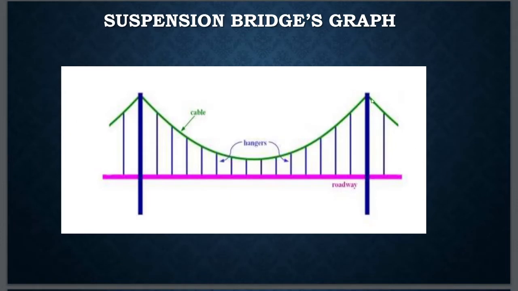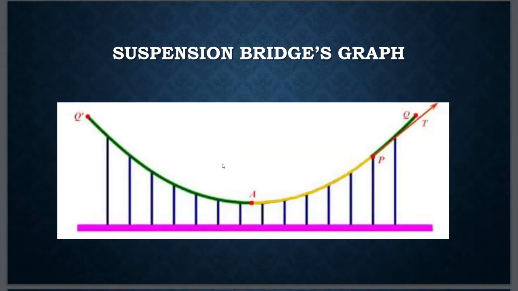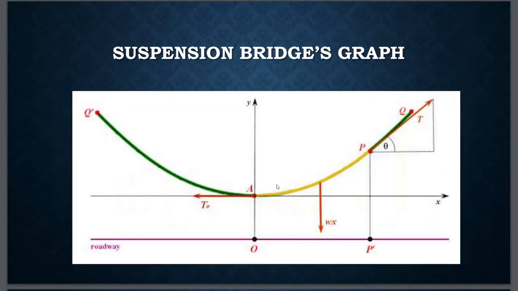We have the cables that are hanging off the poles, these hangers, and also the roadway where the cars are. Here we have some formulas and locations. As well, here we have the calculations of the formulas that were used before, as you can see here.